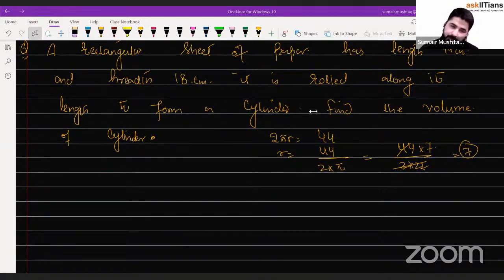Ritika, you gave me this answer now, 396. Are you sure? Just use the formula for the volume, pi r square h. What is h? 18. Okay, just use this: 22 upon 7 into 7 square into 18.